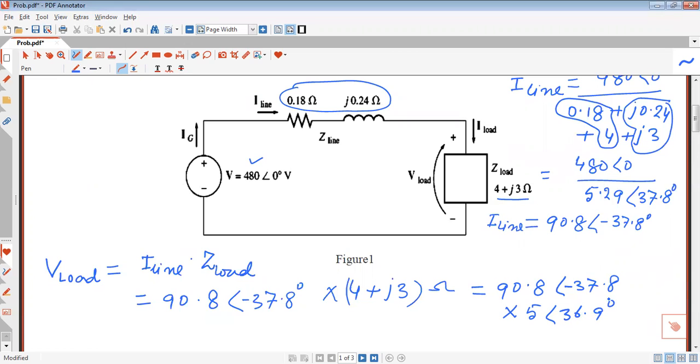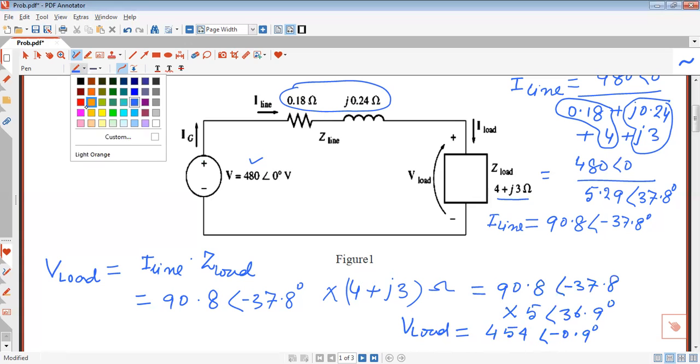Now we will solve this, and we will get the value of the voltage 454, and the angle is coming minus 0.9 degree. So this is our voltage at the load.